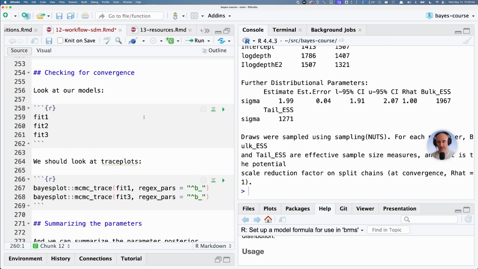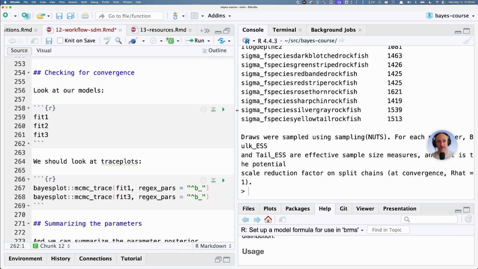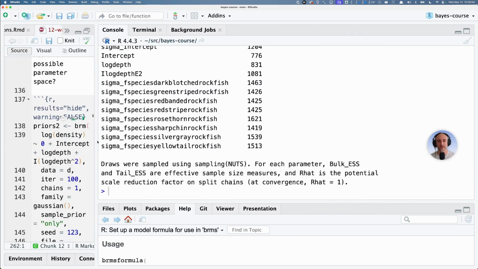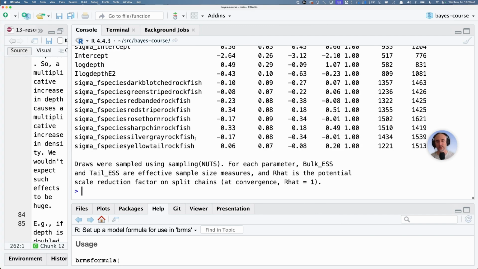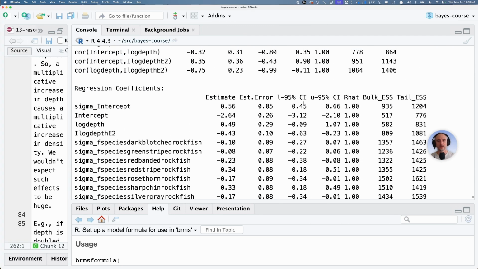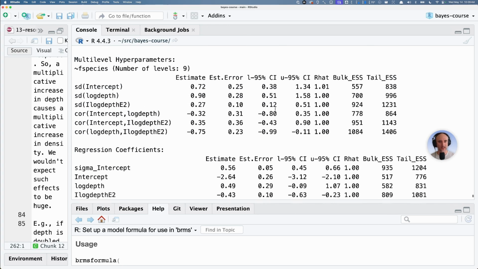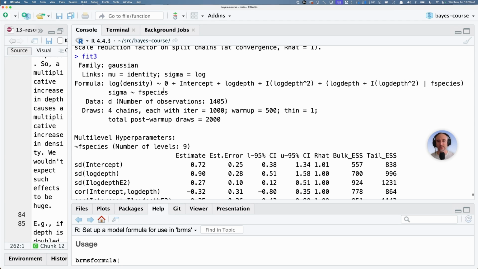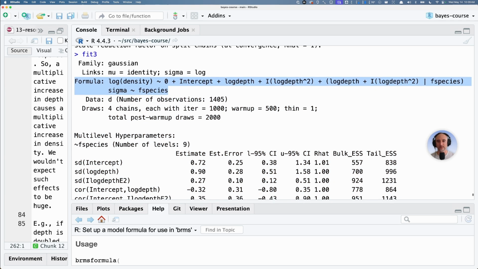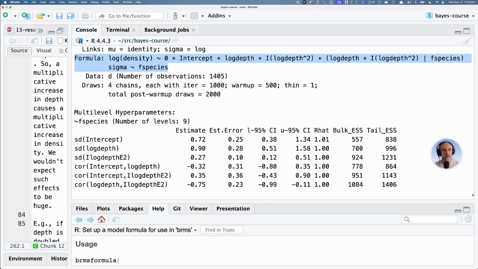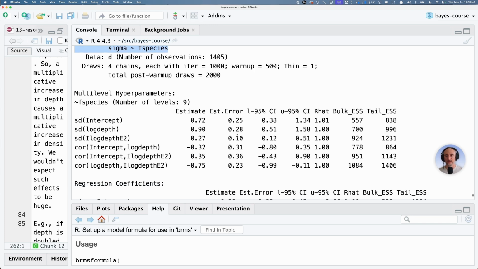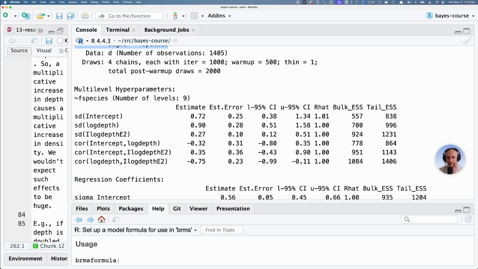So we can look at our models. Let's just look at the third one, since that includes everything. Make that bigger. So there's quite a bit to look at here. Obviously, there's a lot more parameters. It tells us what our formula was. And so we start off here by getting information on those random effect hyperparameters, as they're sometimes called.